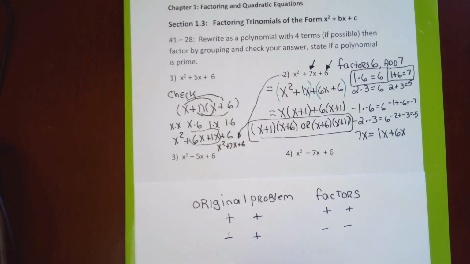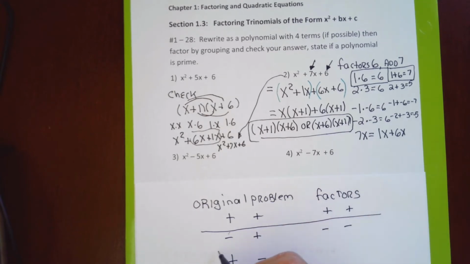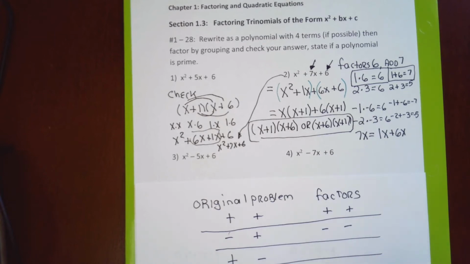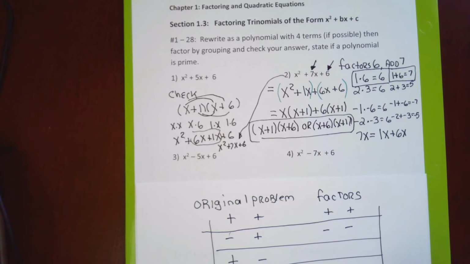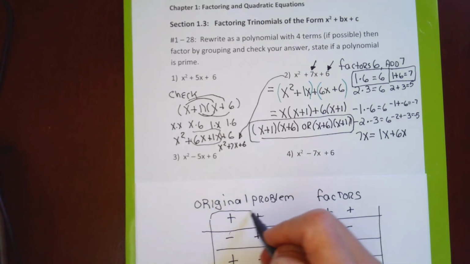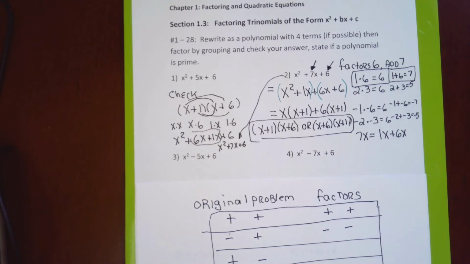Eventually, I'll get to problems that have a plus first and a minus second, and a minus first and a plus second. I'll get to those in a second and make some comments about those as we get to them. So just to be efficient, I'm going to not hunt down all the factors.